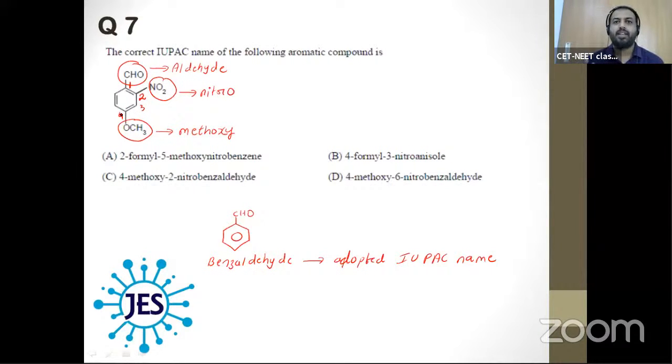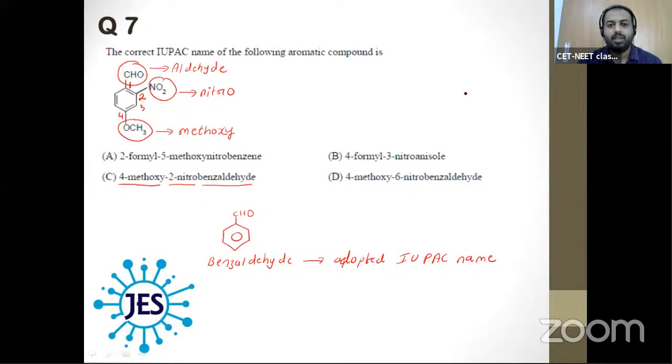You all know substituents must be listed in alphabetical order. Here you have nitro and methoxy. Which comes first in alphabetical order? M. So first methoxy, then nitro. So it is 4-methoxy-2-nitrobenzaldehyde.